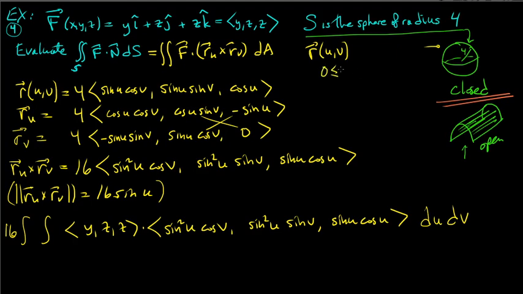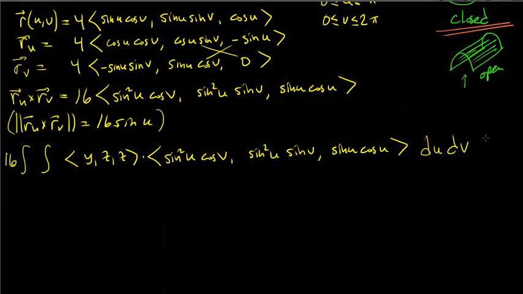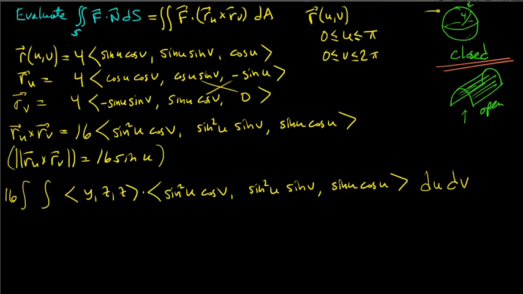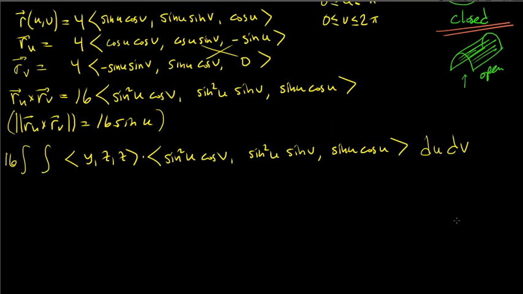So u runs from 0 to pi, and v runs from 0 to 2 pi. So u is the polar angle, v is the azimuthal angle. I think that's what it's called. In any event, it's the azimuth that runs around the equator, that angle there.